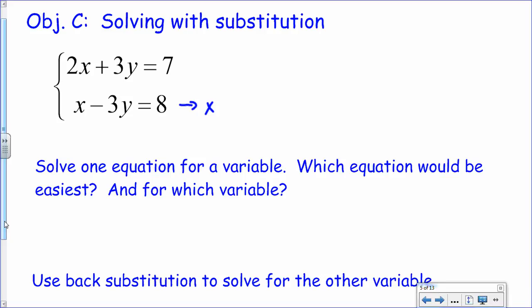I'm going to add 3y to both sides. So therefore, this will be x equals 3y plus 8. I'm still going to write the 3y first. If you wrote 8 plus 3y, that's not a big deal with substitution. Graphing, you want to have that x first, but the substitution doesn't really matter. Okay, so add 3y, so 3y plus 8.